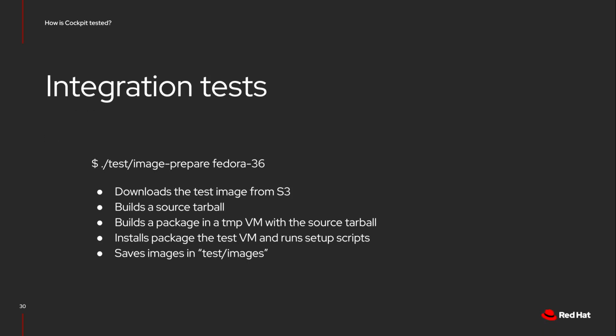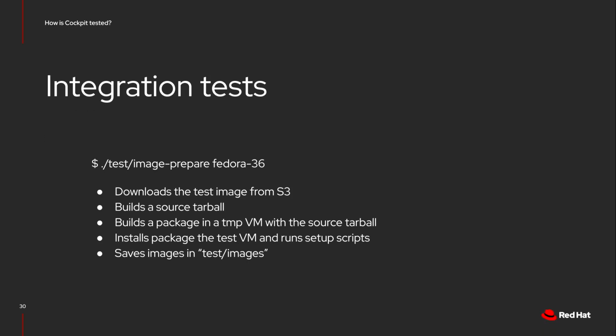So first we spawn the VM. We build the package in the VM because we support multiple distributions, so we cannot always build it on the host itself. So we build in a target VM, and the package which comes out of it, we install in the spawned VM, and we can also run some setup scripts.